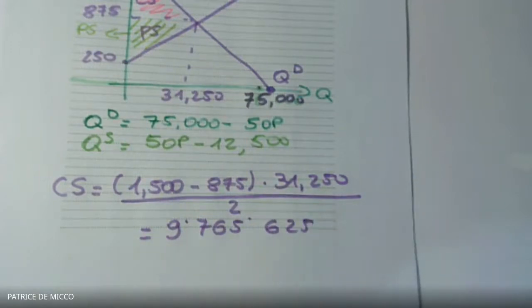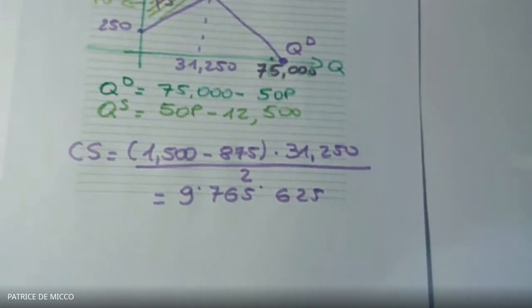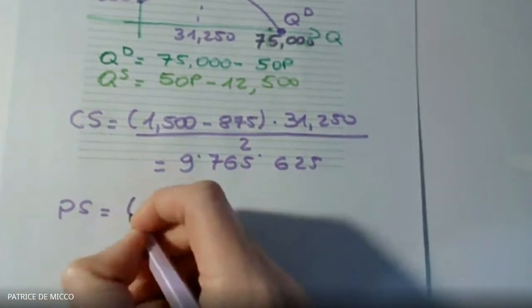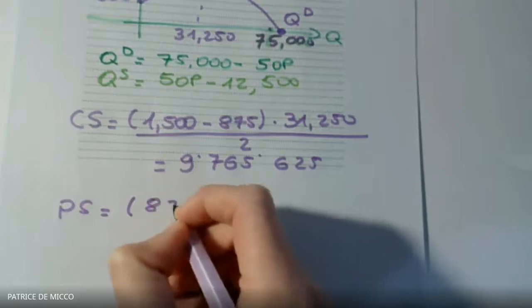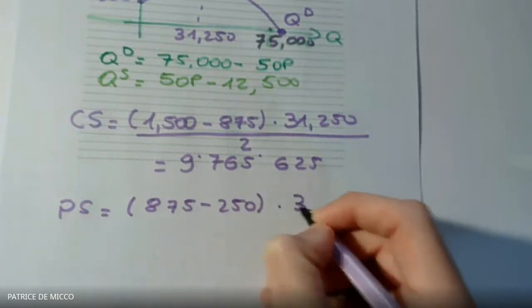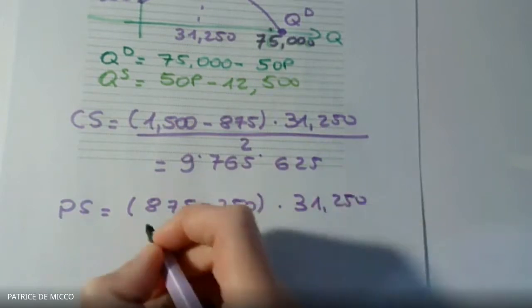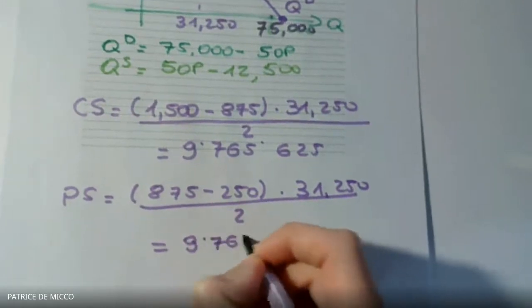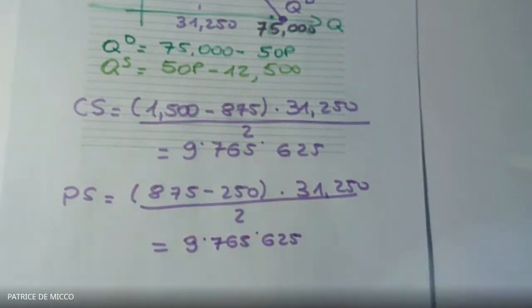It's 9,765,625. Producer surplus, you compute again the area of the triangle, and this time you have 875 minus 250 times again 31,250 divided by 2, and you get the same huge number. Okay? And we are done with this point 3.